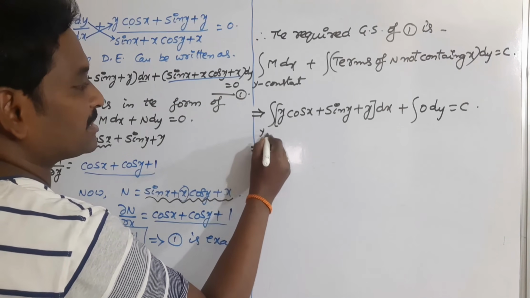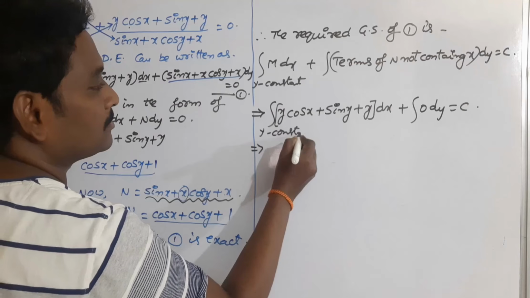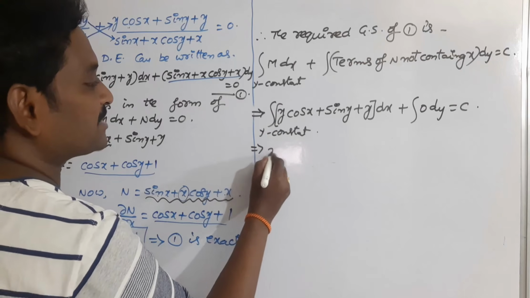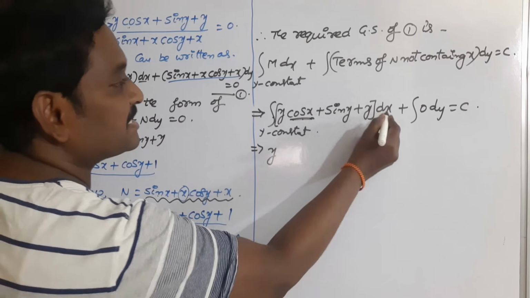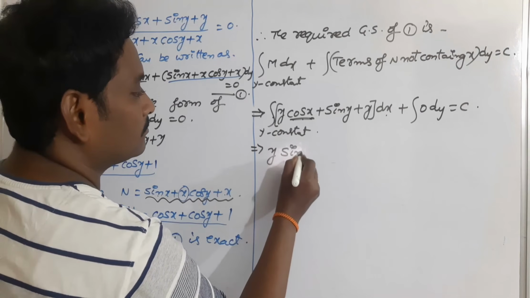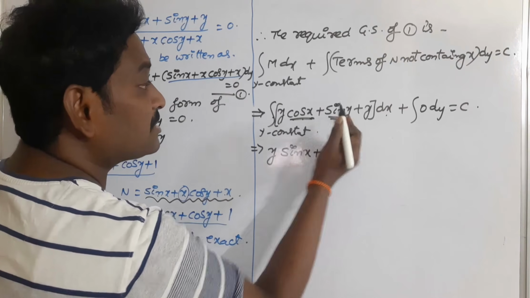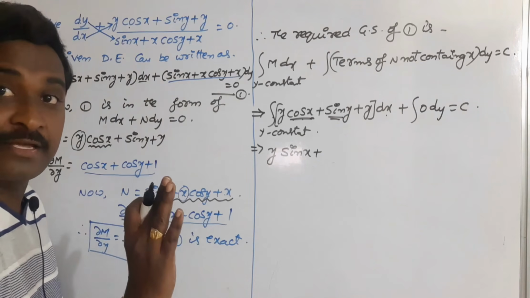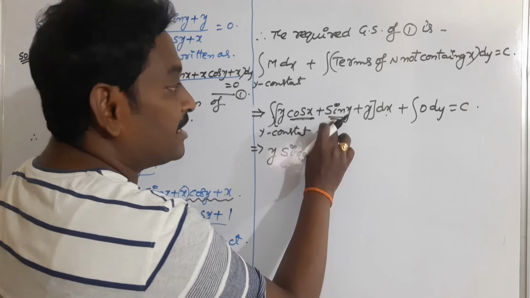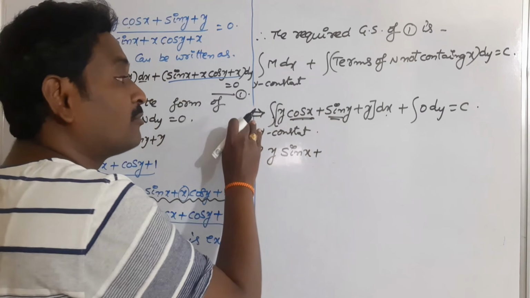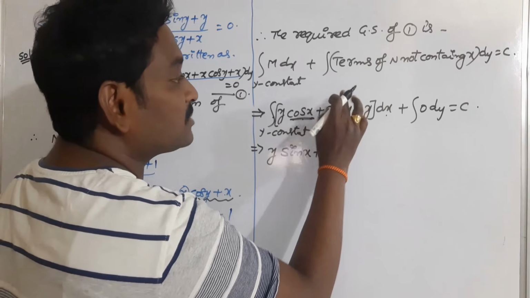Here y is constant. Don't forget it. So y is a constant right outside of the integration, and the remaining part is integral cos x dx, which is sin x, plus sin y is also constant. Don't write cos y, it is the integration of sin y. Here sin y is constant, so right outside of the integration, and the remaining part is only 1.